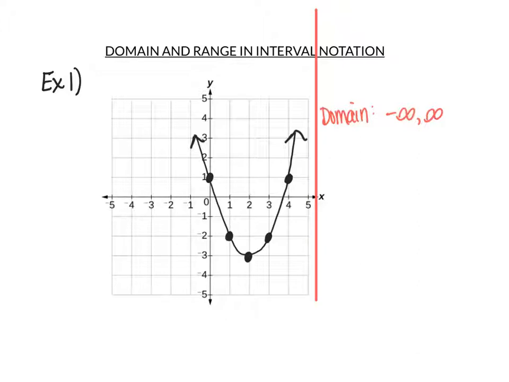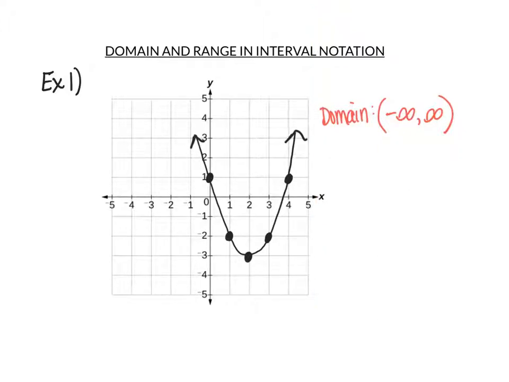The graph goes forever to the left and forever to the right, so there's no stopping number, and you would not put a bracket in that situation. So you're going to put a parenthesis, and the parenthesis means that your graph goes all the way up to -infinity, but it doesn't actually include that value.